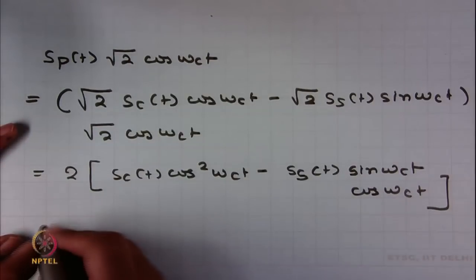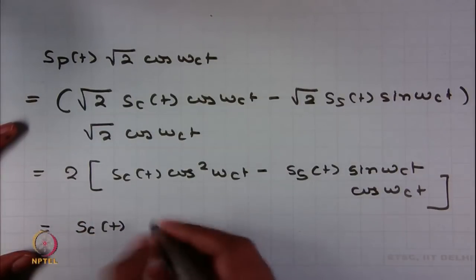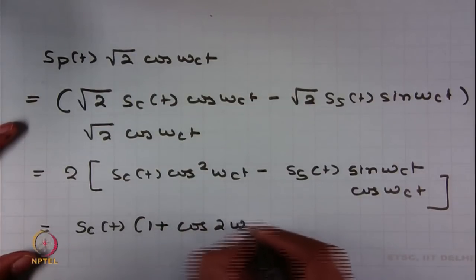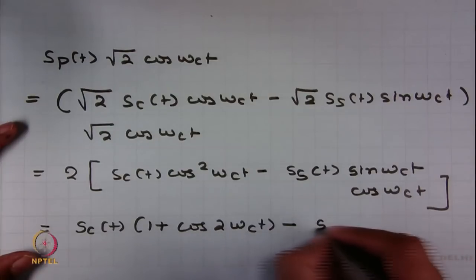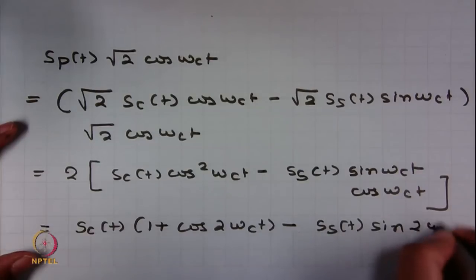Then I can write this as S_c(t) times 1 plus cos 2 omega_c t, minus S_s(t) sin 2 omega_c t.